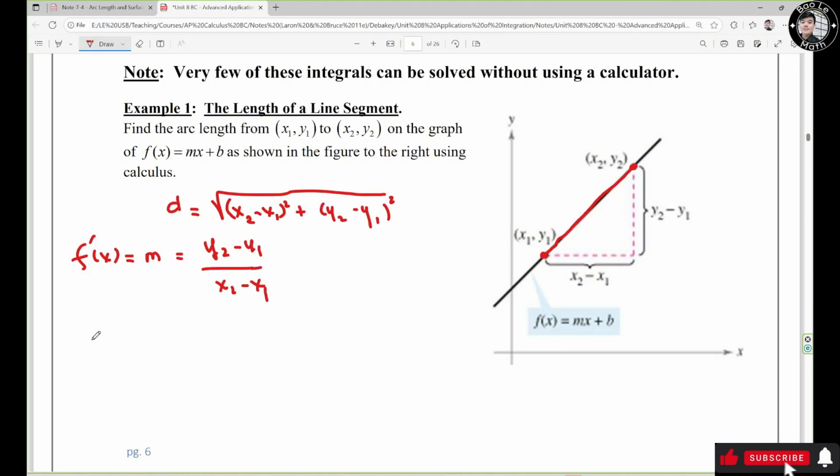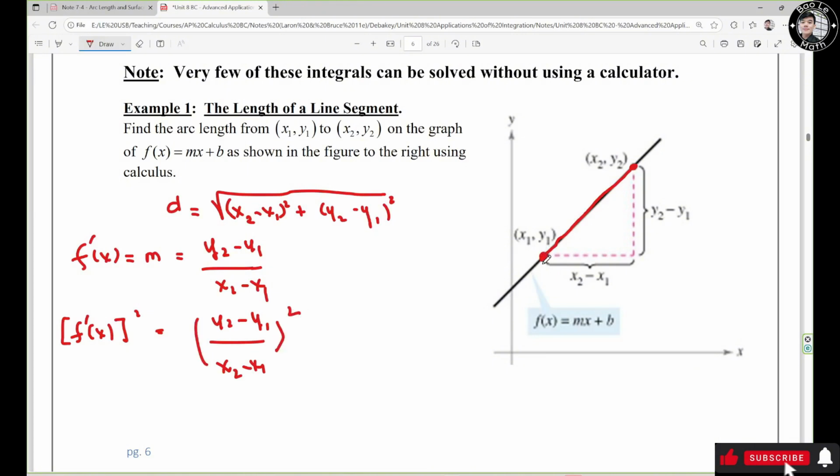Now if I square both sides, I have f prime of x all squared, which is ((y2 minus y1) over (x2 minus x1)) all squared.